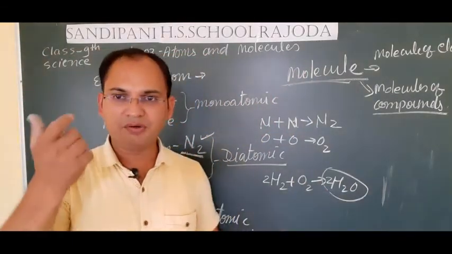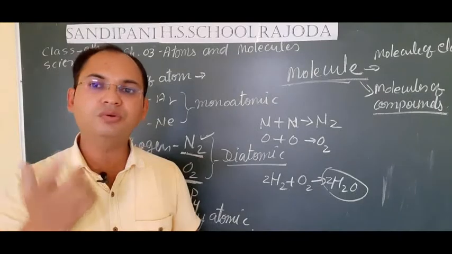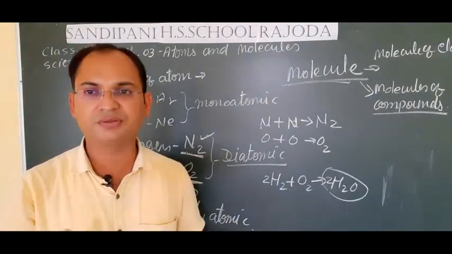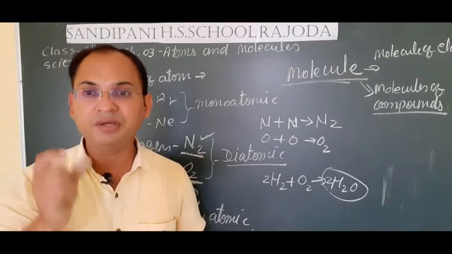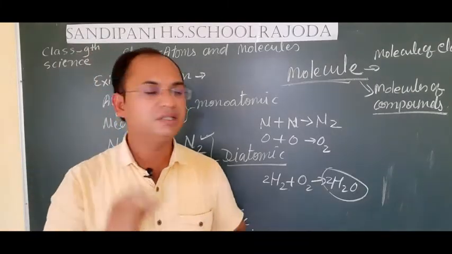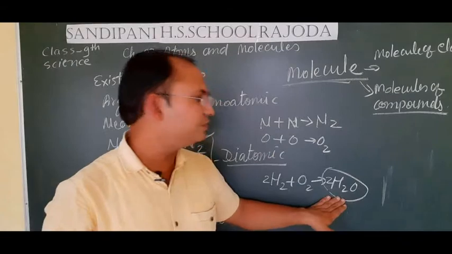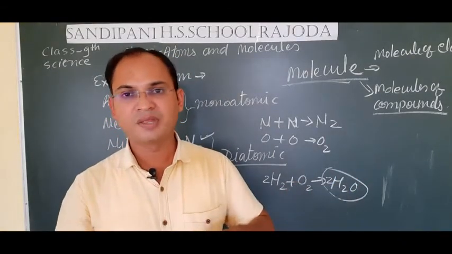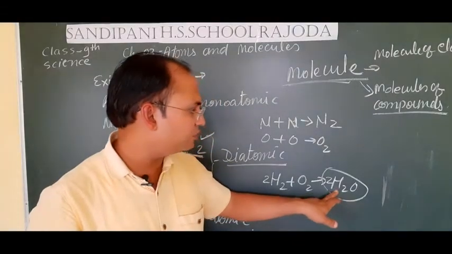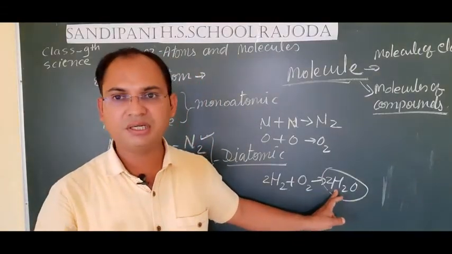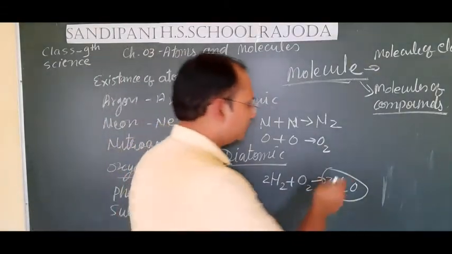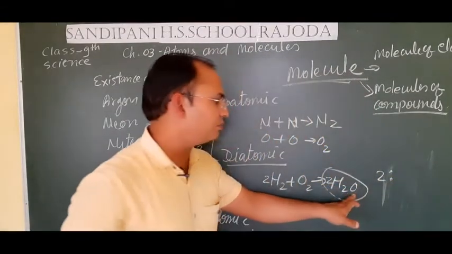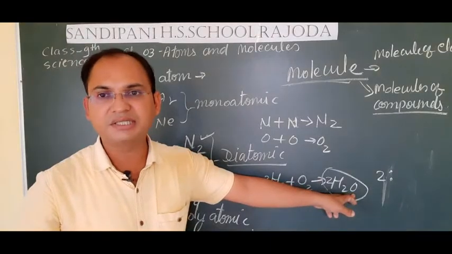In a molecule of a compound, two or more than two types of atoms may be present in a fixed ratio by mass. We always calculate the amount of the different atoms in the form of their mass. The atomic mass of hydrogen is 1 and 2 hydrogens are there, so 2 is to the atomic mass of oxygen, which is 16.